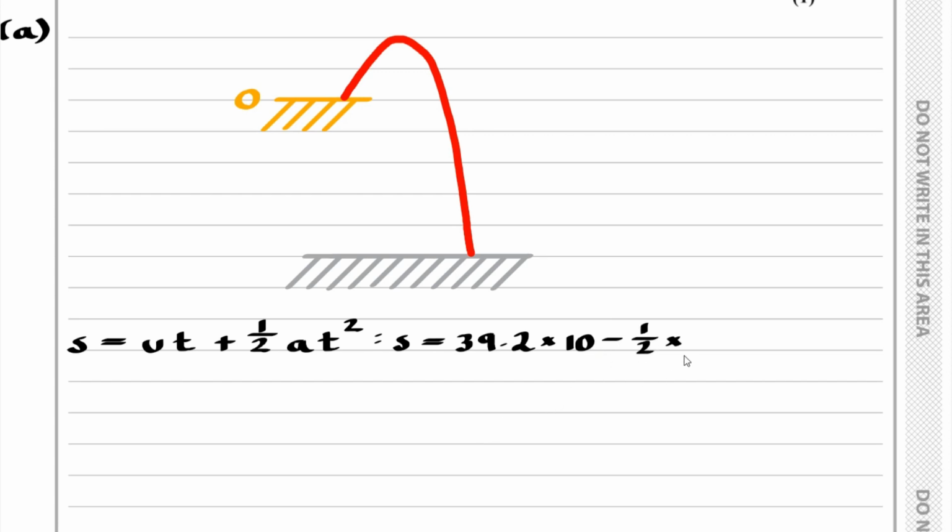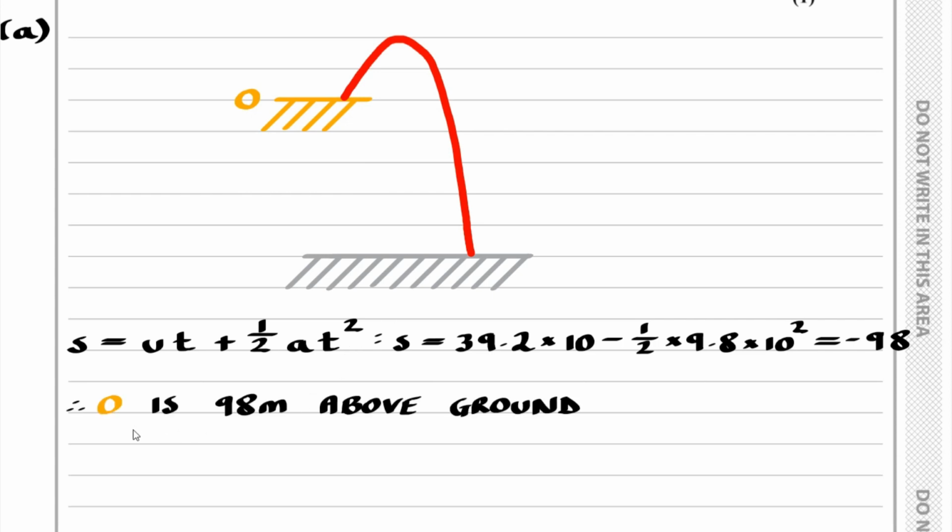Then I've got the half times 9.8 multiplied by 10 squared. So it turns out we get negative 98. So the displacement is negative 98, which means O is 98 meters above the ground.